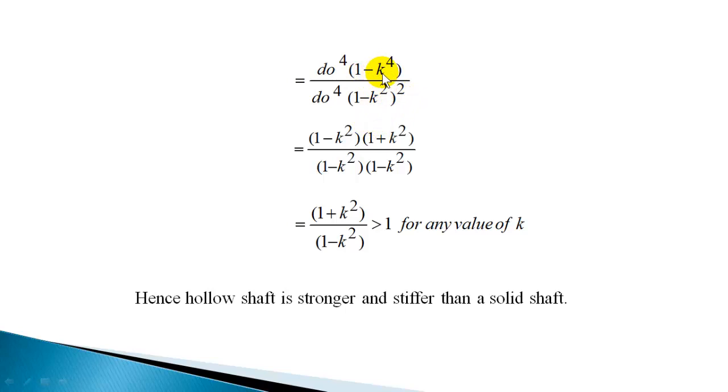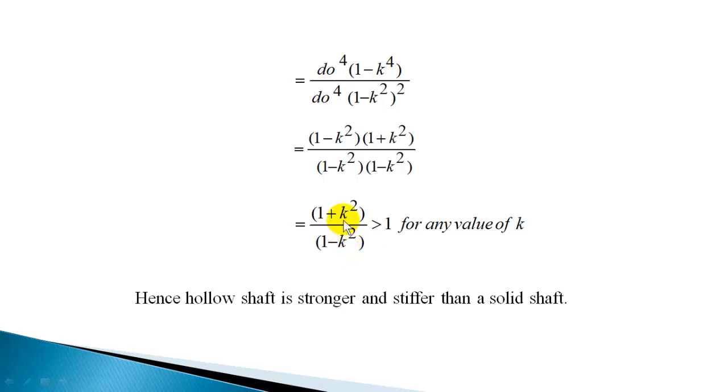So the numerator 1 minus k to the power of 4 we can split into (1 minus k square) into (1 plus k square). The denominator is the product 1 minus k square into 1 minus k square. So 1 minus k square will cancel, giving (1 plus k square) by (1 minus k square).